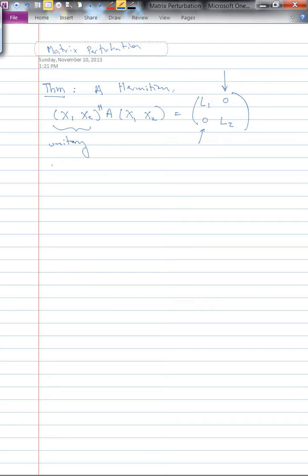So what we know is that X, which is equal to the range of X1, is invariant. Now, what I want to know is the following. Suppose we have a matrix Z, which is the same dimension as X1, and it has orthonormal columns.